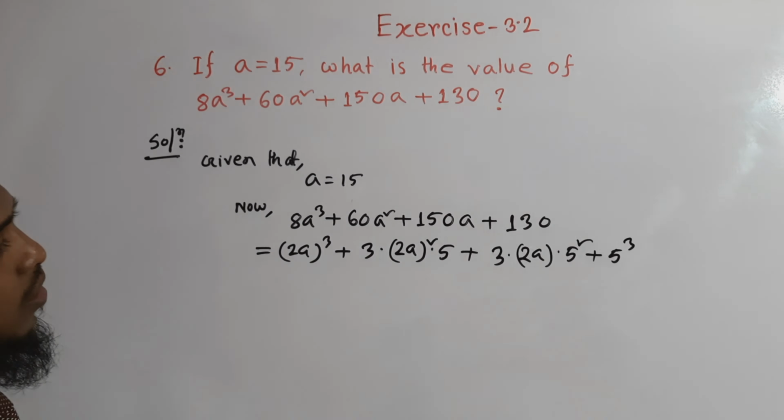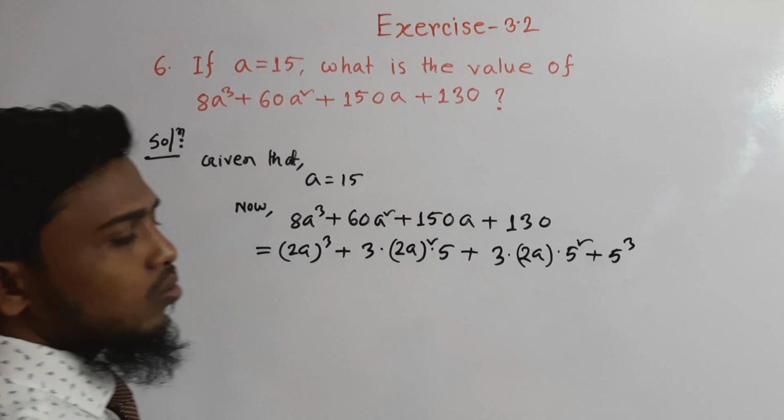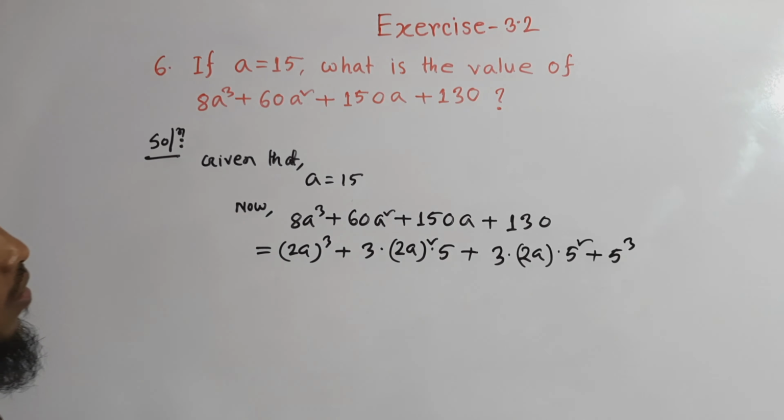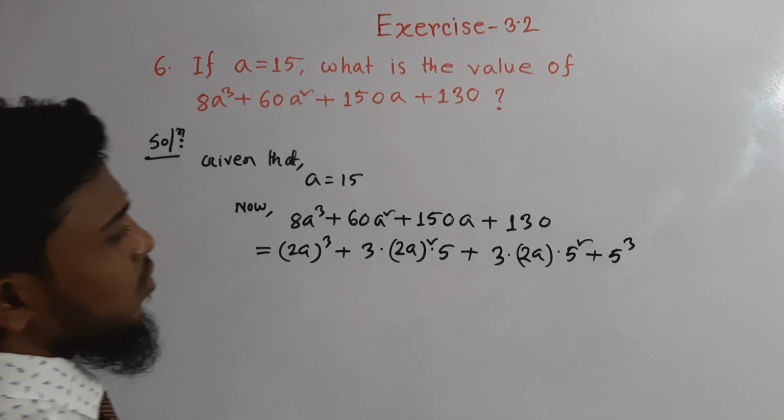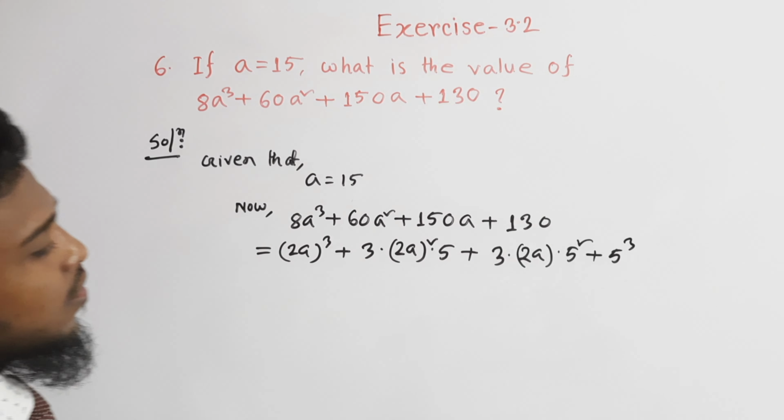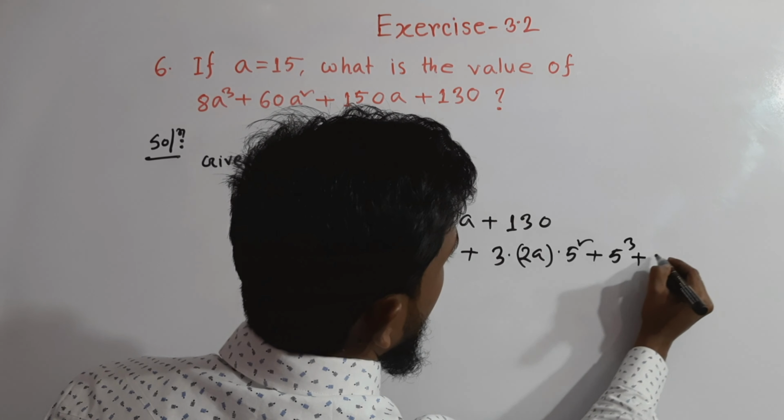Dear student, look here, 5 cube equals 125. In our given expression the term is 130, so we need 5 more, so we can write plus 5.